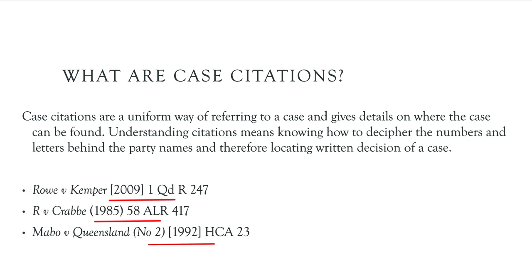So understanding a case citation means knowing how to decipher the numbers and letters behind the party names and therefore being able to locate the written judgment of a particular case. So I've got three examples listed down the bottom. If you want to take a second to pause the video and note down those citations, note the differences between them and how I use them as examples in the following slides.